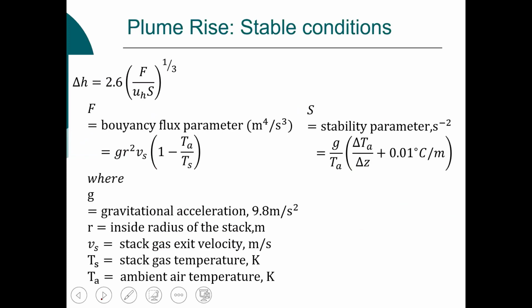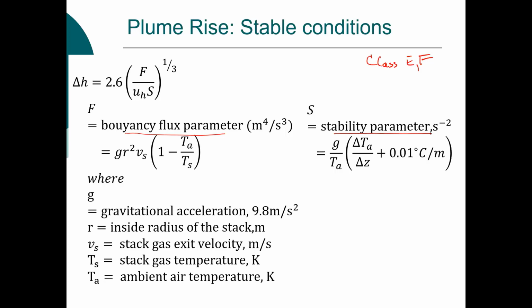So the equations we have for plume rise vary with conditions. So for stability class E and F, we'll use this set of equations. So we have two factors: we have a buoyancy parameter, F, and we have a stability parameter, S. Note here the units are extremely important.